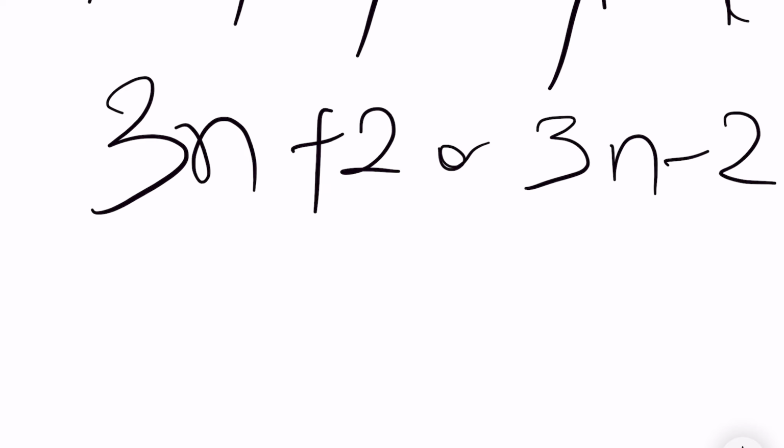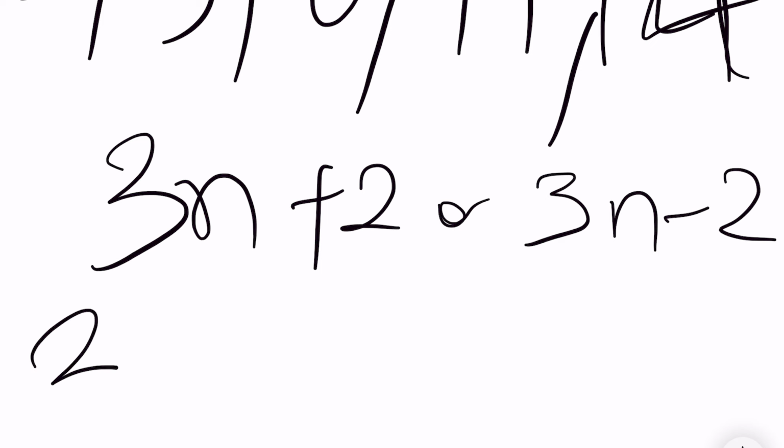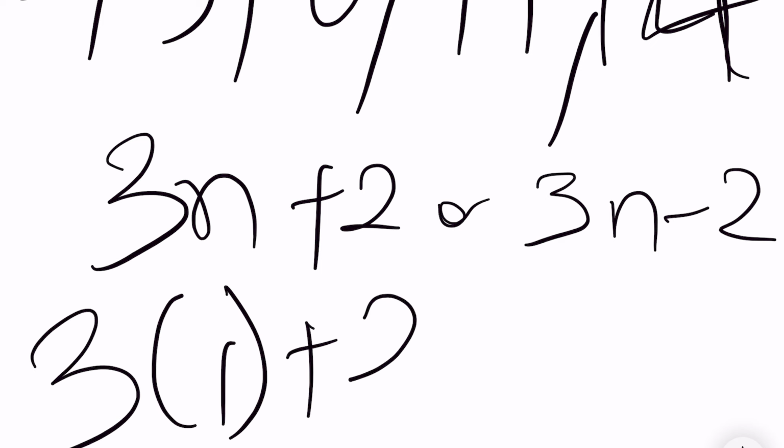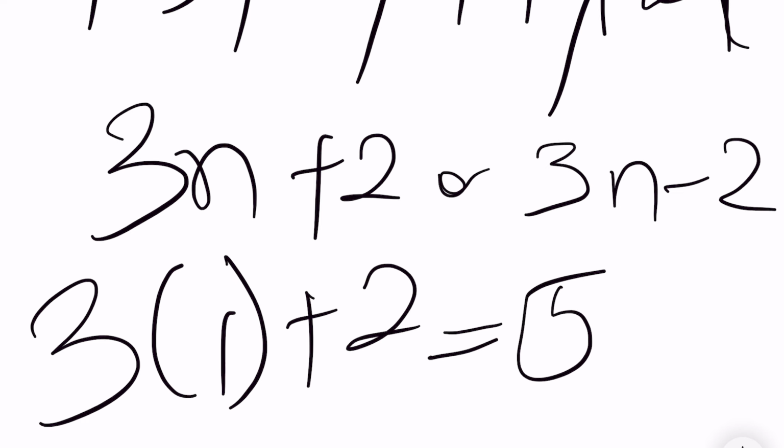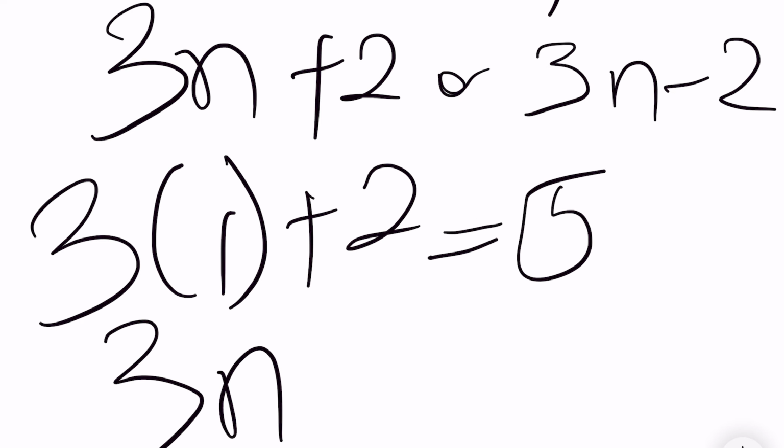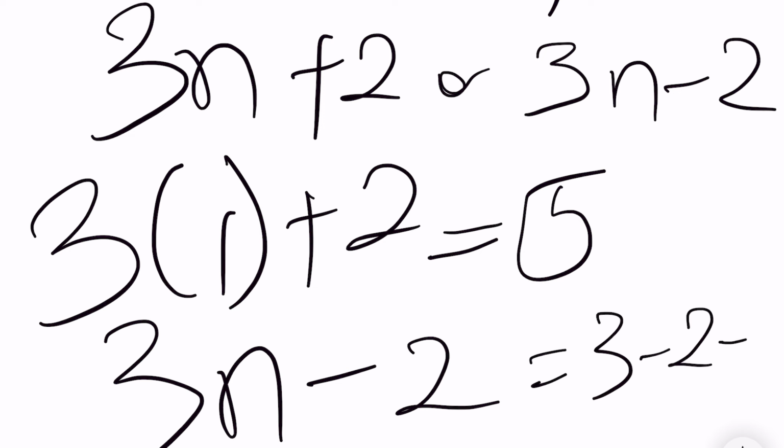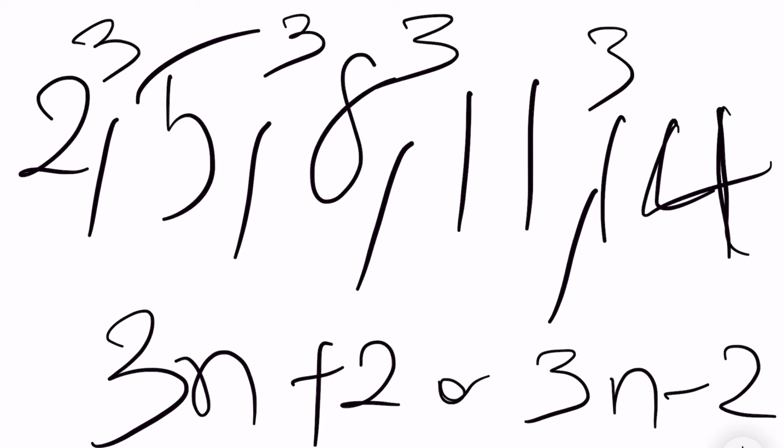Let's try 3n plus 2. When n is 1, this will be 5. 3n minus 2, when n is 1, this will be 3 minus 2. This is 1, which is incorrect.